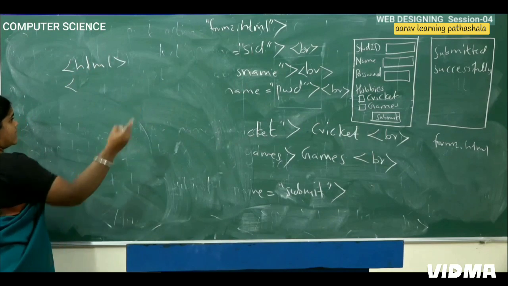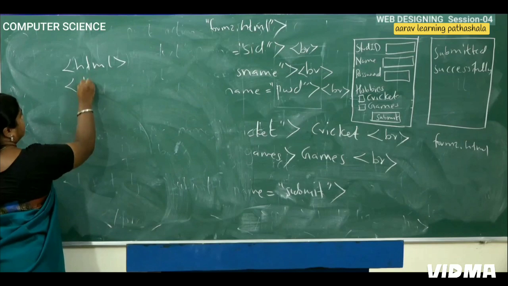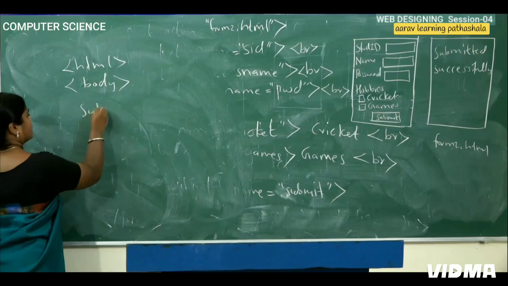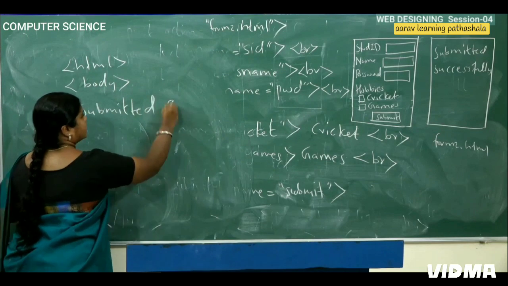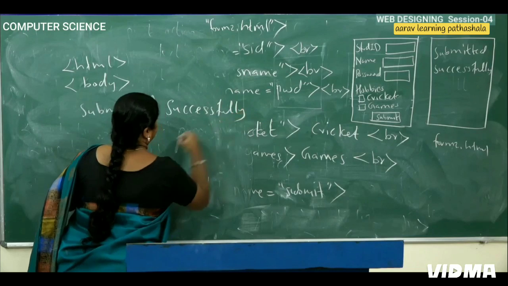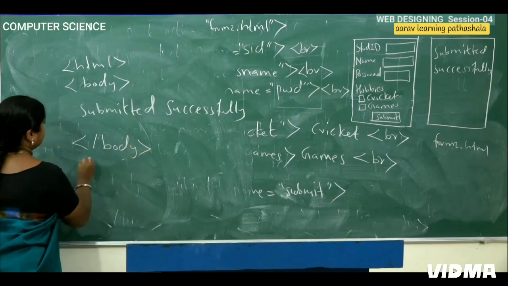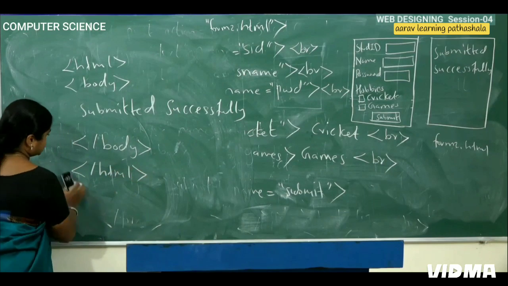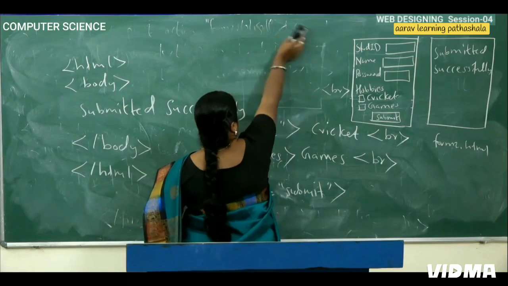In case of the next form, there is no need of form tag. Submitted successfully, /body tag and /HTML tag. So this is the code for the second HTML form. I hope it is understood.